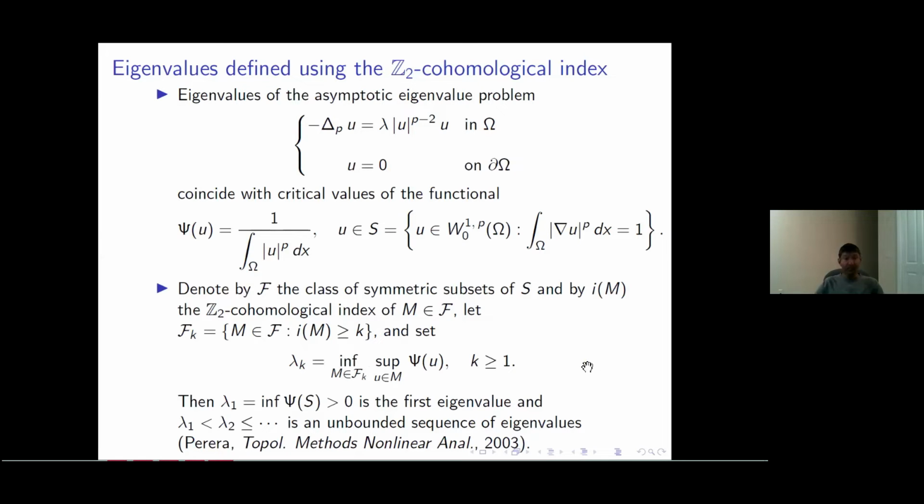This defines an increasing and unbounded sequence of eigenvalues, and we will make use of this particular sequence to state our theorems as well as to prove them. These eigenvalues based on the cohomological index were introduced in this 2003 paper in Topological Methods in Nonlinear Analysis.